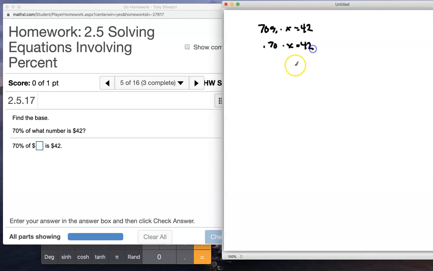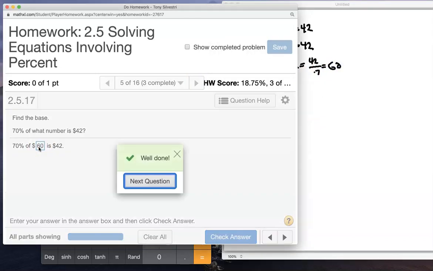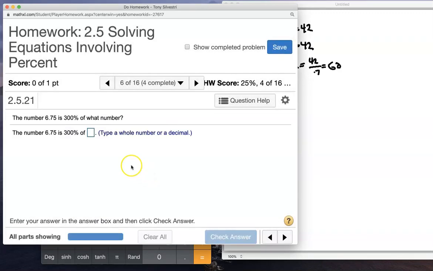And guess what you're going to do to solve for x? You're going to divide by 0.7. 42 divided by 0.7 should be 60. I don't think I need the calculator for that. Should be 60. 60. Boom. Yes, yay. Very good, very good.